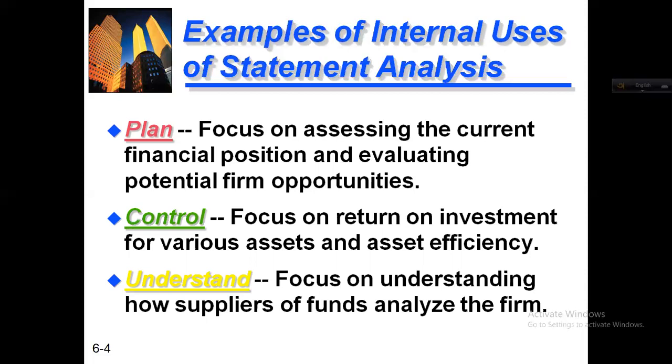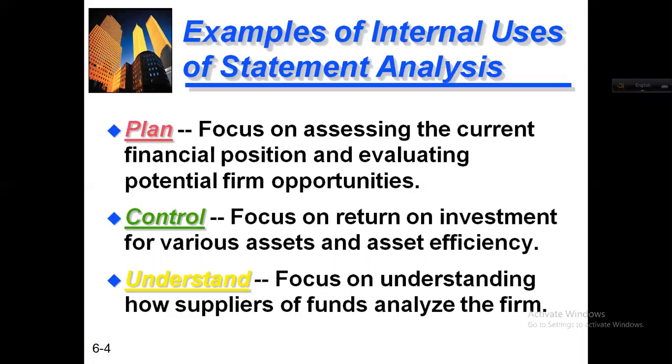Number two, control. If a manager wants to control the firm, then he or she has to know the firm's various assets and asset efficiency, because then he or she can easily control that. So number two is control, that focuses on return on investment for various assets and asset efficiency.